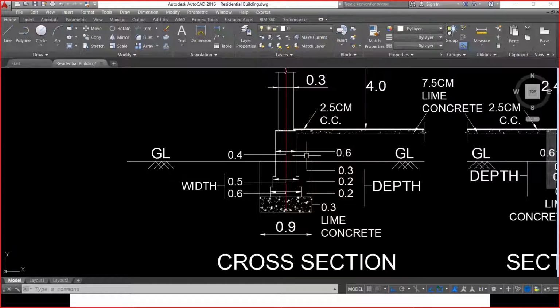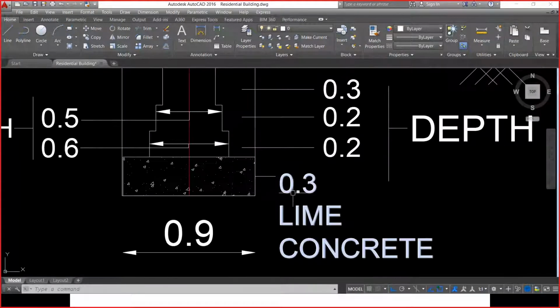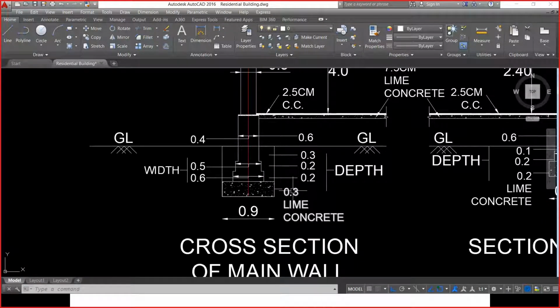Height or depth of excavation which we are going to make, so what is the total depth? Let me do the calculation very quickly. 0.3 is the thickness of the first lime concrete plus 0.2 first footing plus 0.2 second footing, and 0.3 meter of the plinth below the ground level, and above the ground level the plinth is of height 0.6 meter. So below the natural ground level, 0.3 plus 0.2 plus 0.2 plus 0.3, I'm going to get 1 meter.